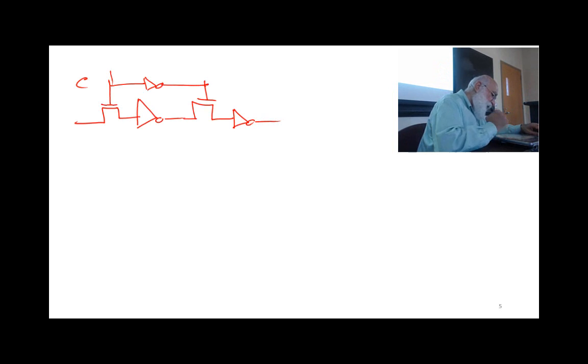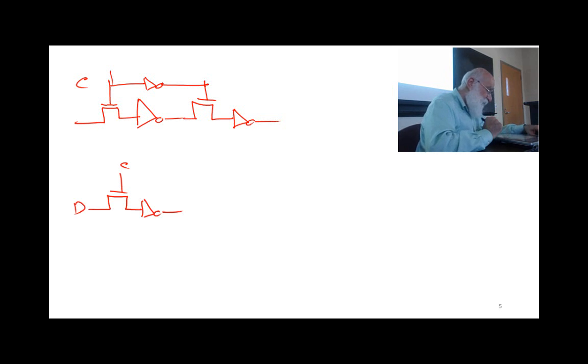But instead of that, I can have an inverter with a switch. This is my clock, and this is the invert of the clock.